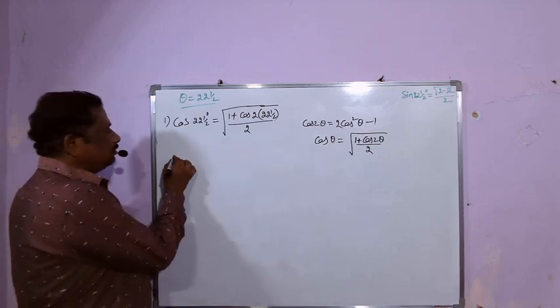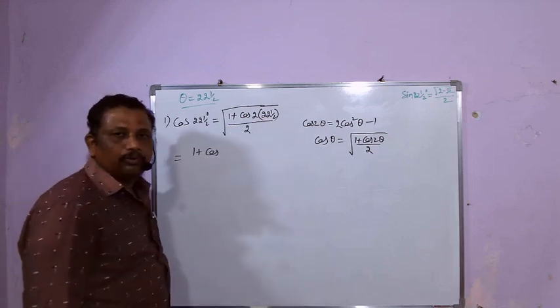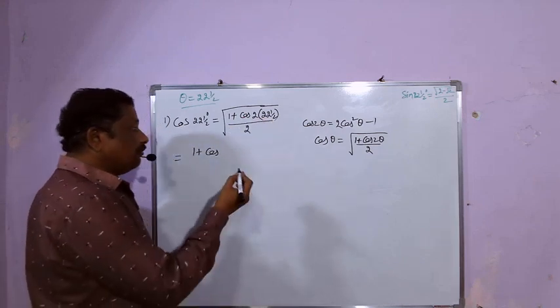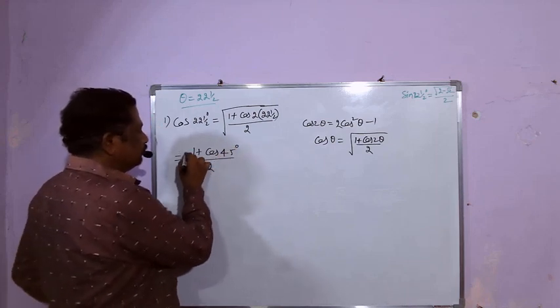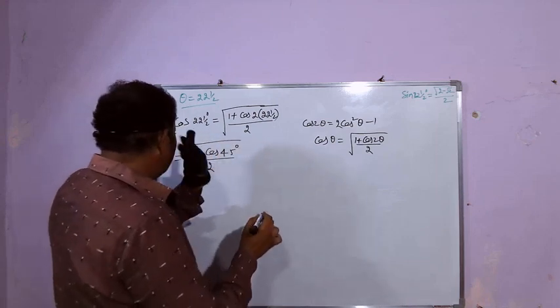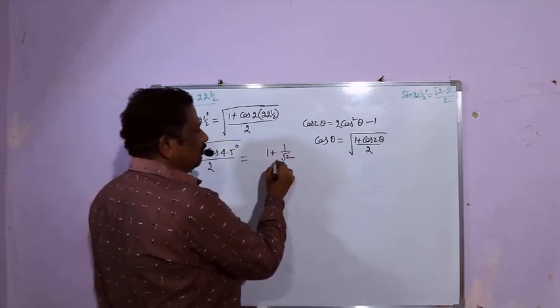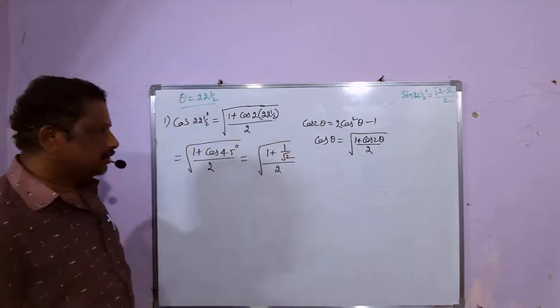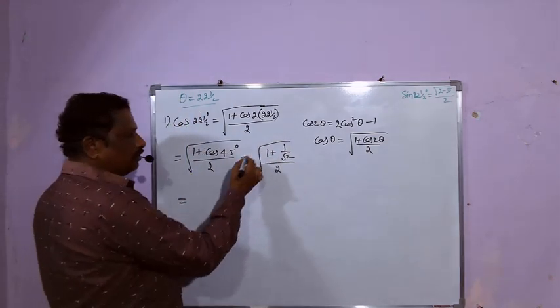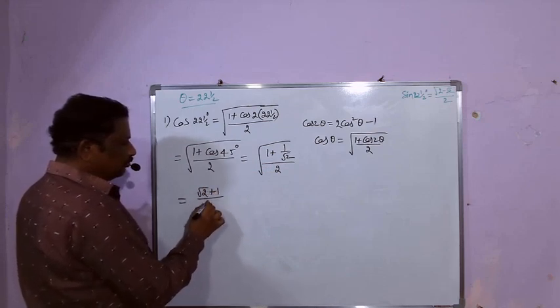So now simplify it. 22.5 into 2 is 45 degrees, by 2. Next, 1 plus cos 45 degrees, 1 by root 2. Simplify it: root 2 into 1, root 2, plus 1 by 2 root 2.